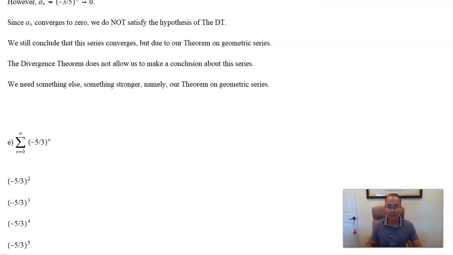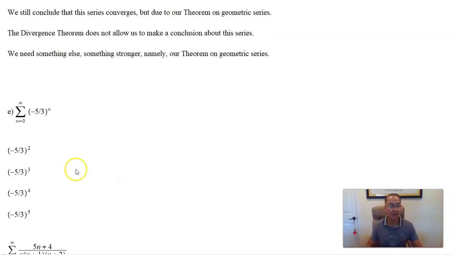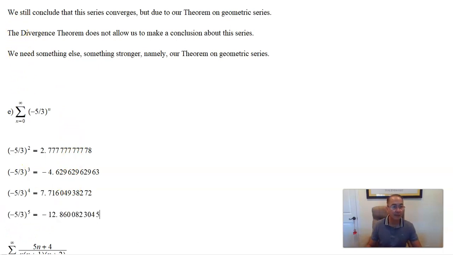Okay, what's happening to the terms of the sequence? Okay, we get 2.777 squared, cubed, negative 4 point something, fourth power, we get, all right, let's try that again, 7.71, fifth power, we get negative 12.86.